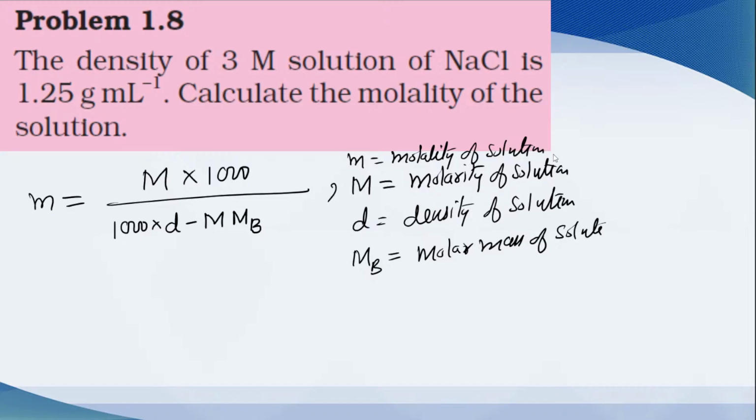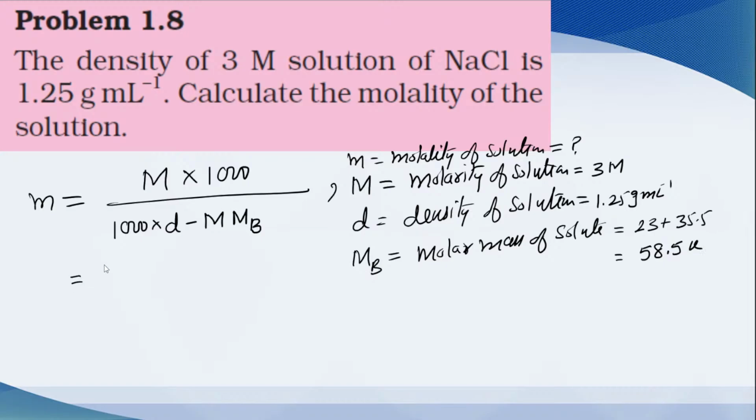So the molality of the solution we have to calculate. Molarity of the solution is given as 3, density is 1.25 gram per ml, and the molar mass of the solute is 23 from Na and 35.5 from Cl, so it is 58.5.